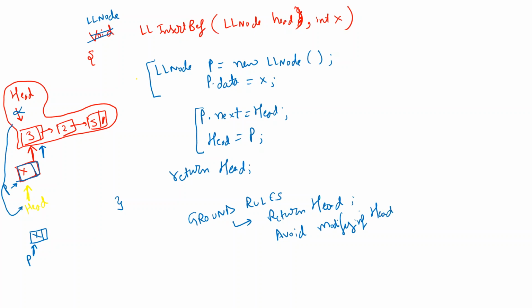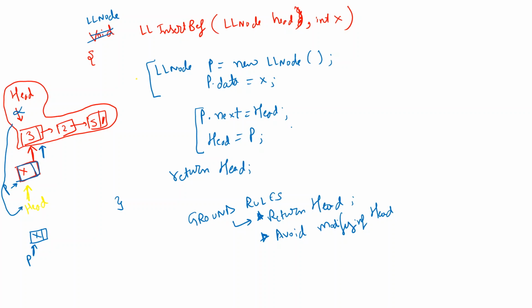Over here you need to modify head, but unless it is especially required, you should never modify head, right? These are two important rules which you should follow when you're working with linked lists.